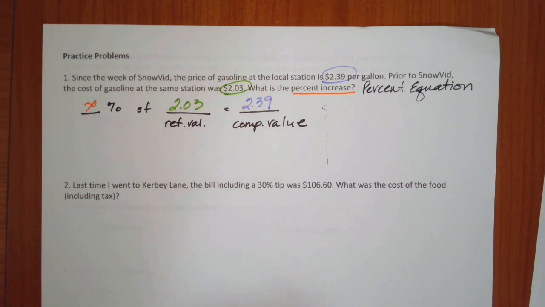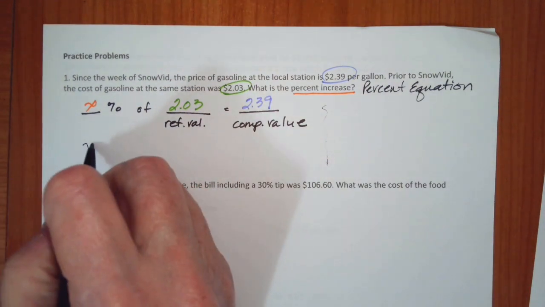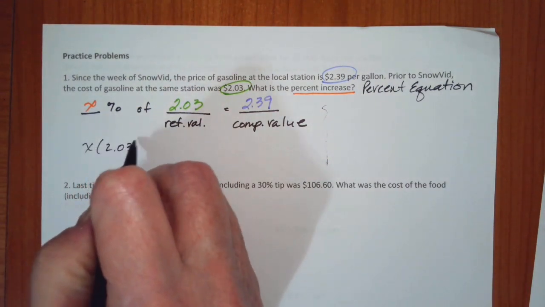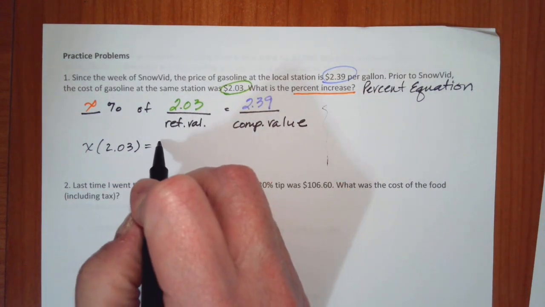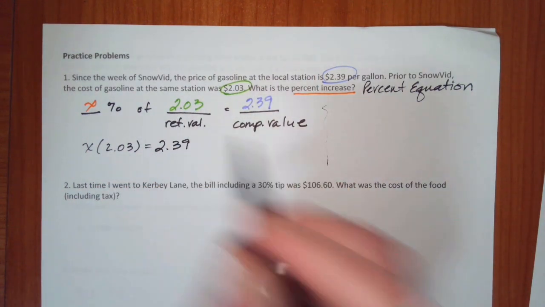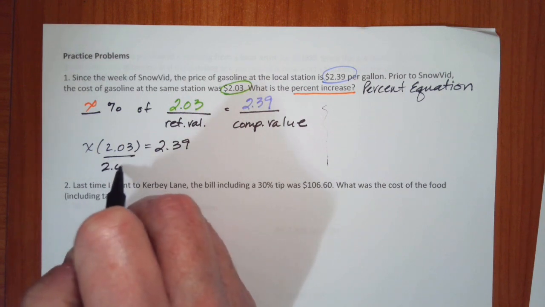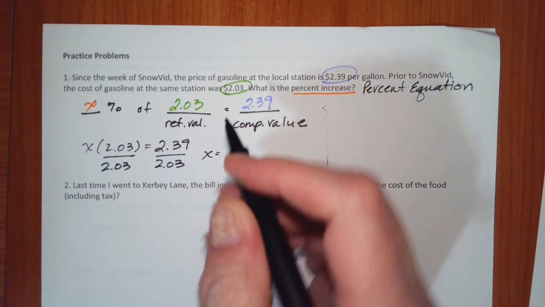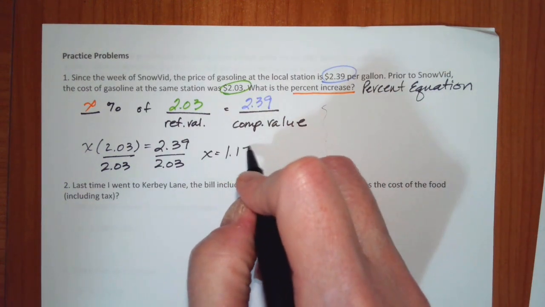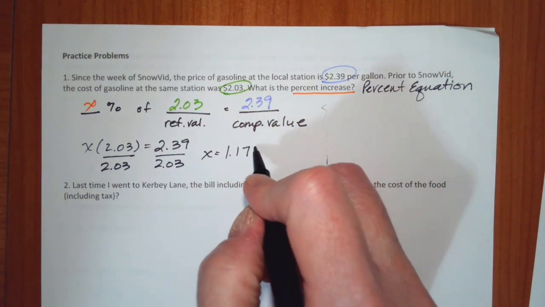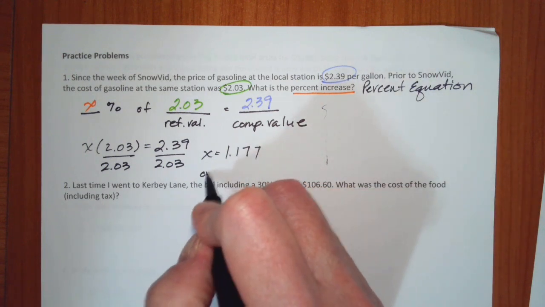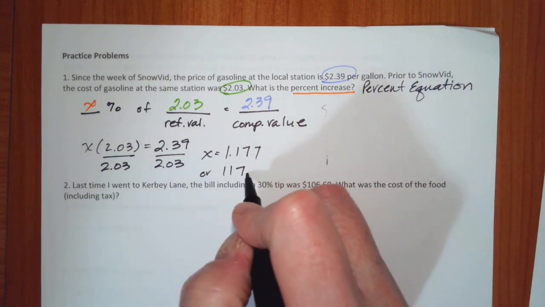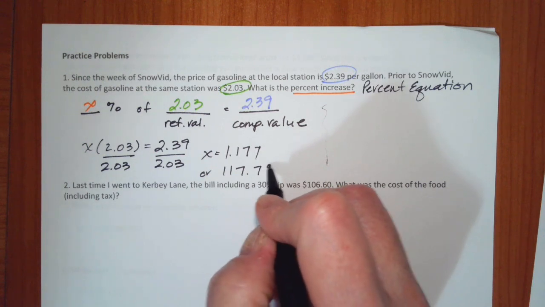So this gives us the equation x times 2.03 is equal to 2.39. Of course, I know I have to divide by 2.03, and I get that x is 1.177, or 117.7%.